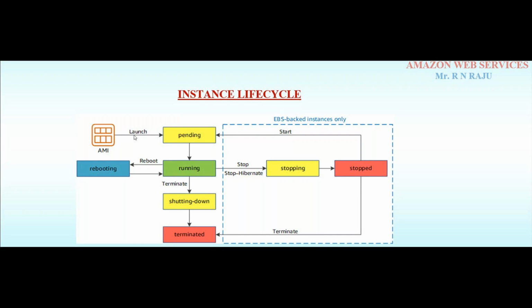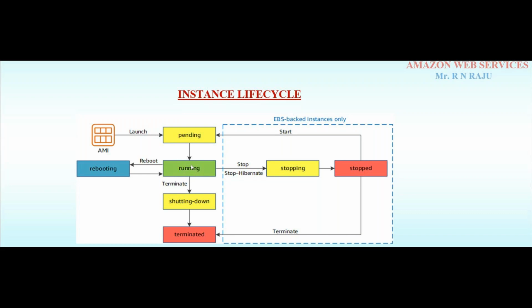But after launching an instance, meaning a virtual server, guys, don't get confused: instance in AWS language means virtual machine, that is, a virtual server. After launching an instance, by default the instance state is pending. After the pending state, the instance will go to the running state.